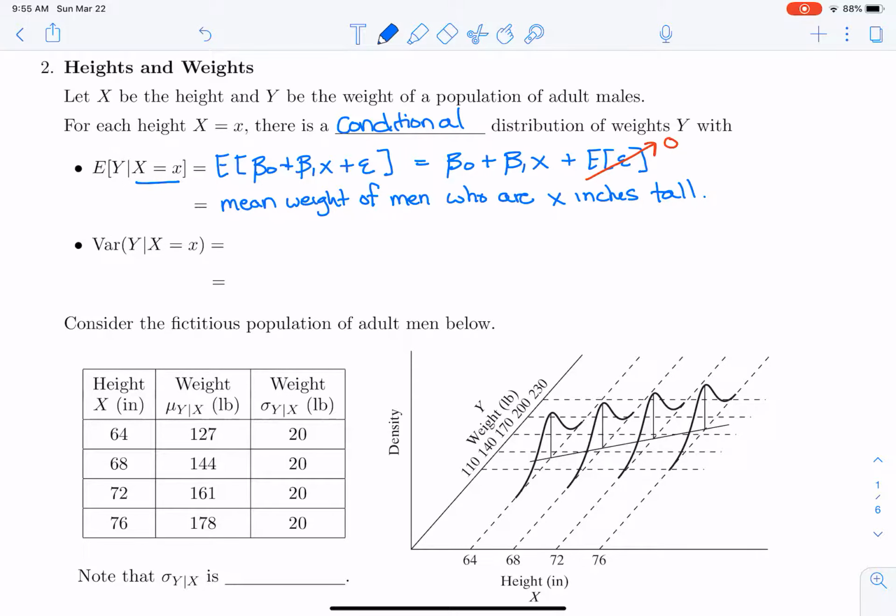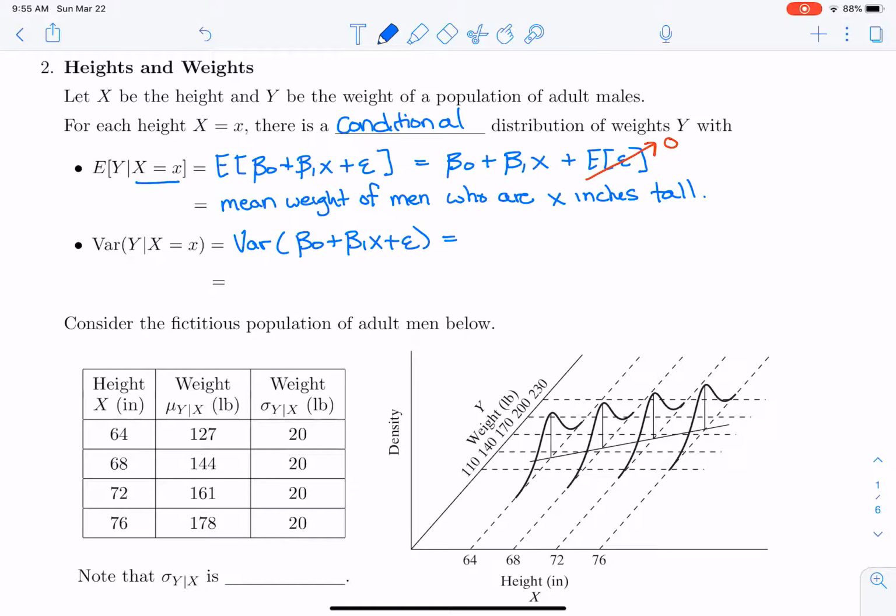Now let's look at the variance of y. Well, that would be the variance of beta 0 plus beta 1 x plus epsilon. Again, we're going to substitute capital X equals little x there. And then notice that beta 0 plus beta 1 x is just a constant.